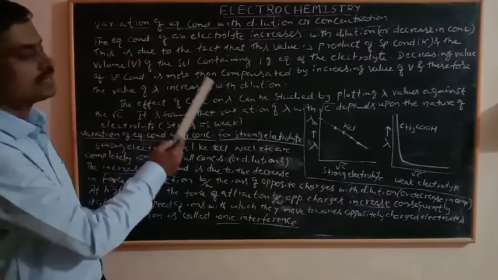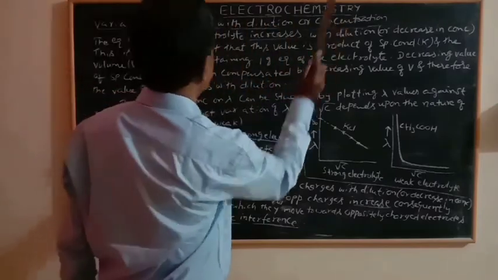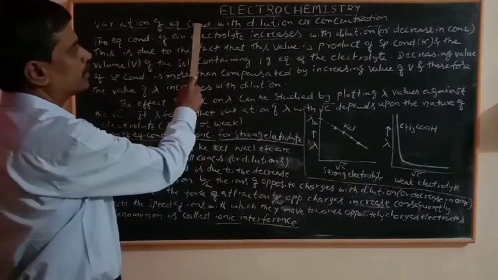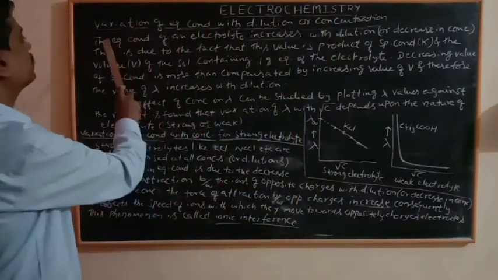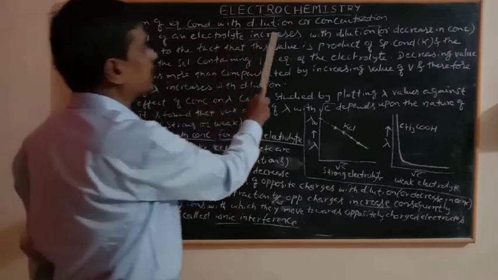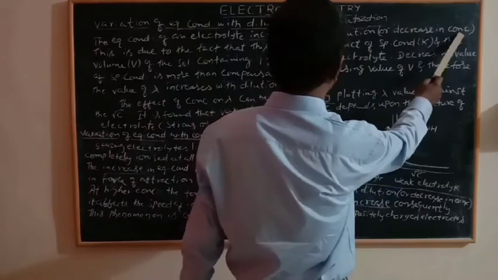Let us now discuss the variation of equivalent conductance with dilution or concentration, and see how lambda and concentration are related. The equivalent conductance of an electrolyte increases with dilution, that is, with decrease in concentration.